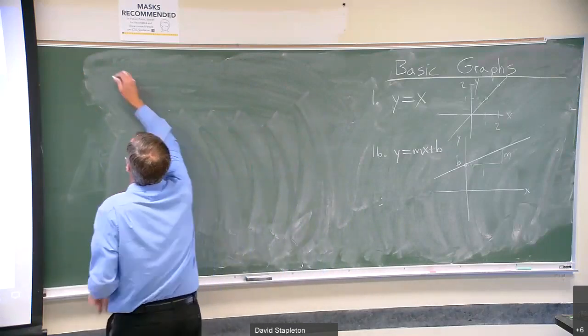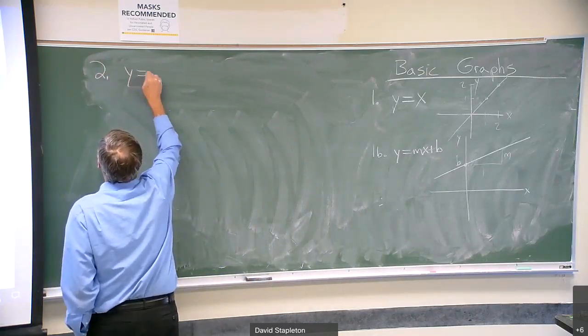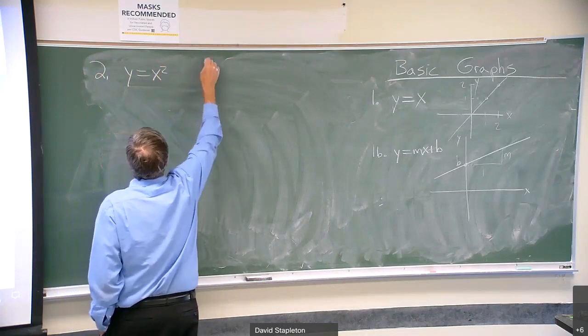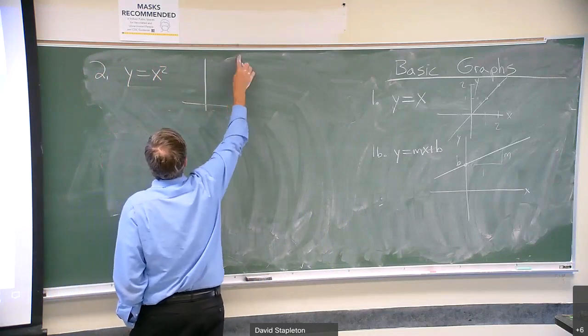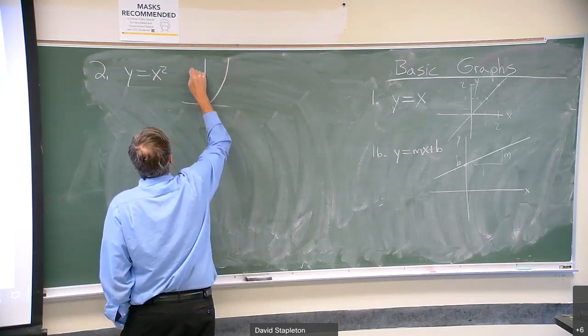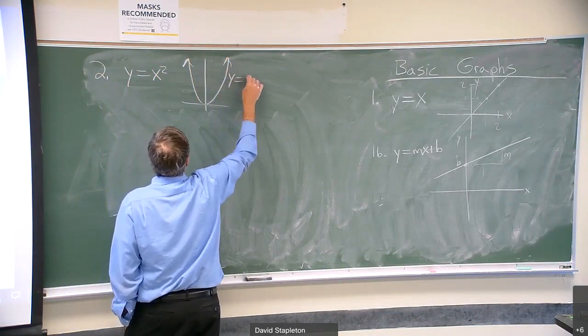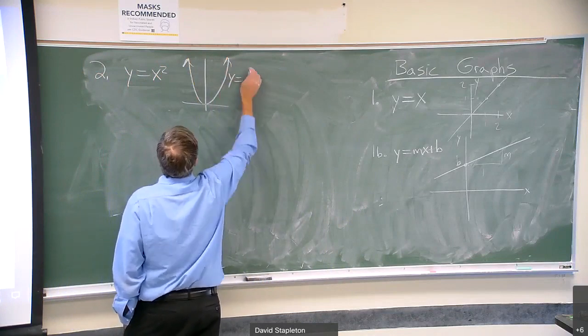The next basic graph is this one, y equals x squared. This one you've seen before in basic algebra. It looks like this. It's called the basic parabola.